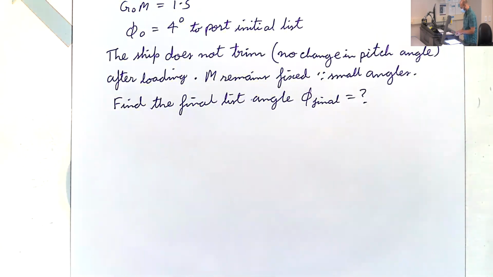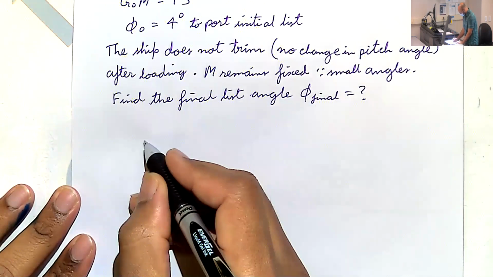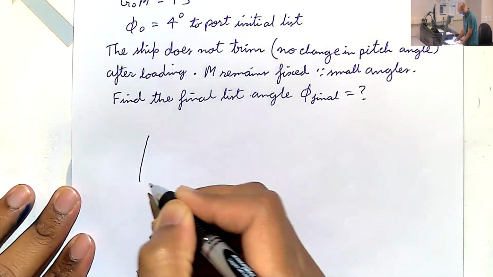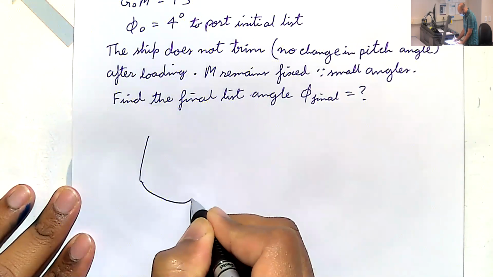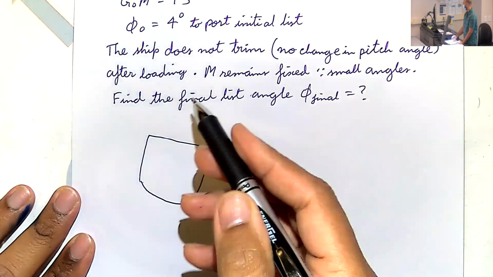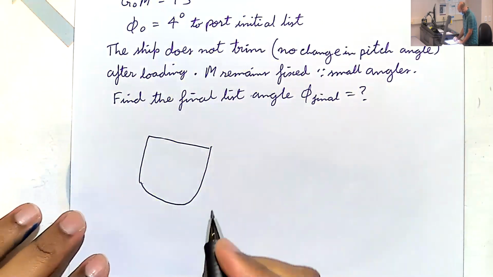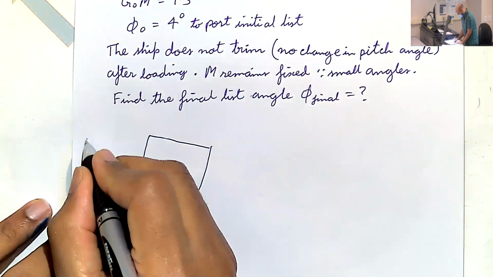So we draw, again, let's draw a sketch. And we're not told the cross section is rectangular, so we cannot assume anything. So this is the front view.